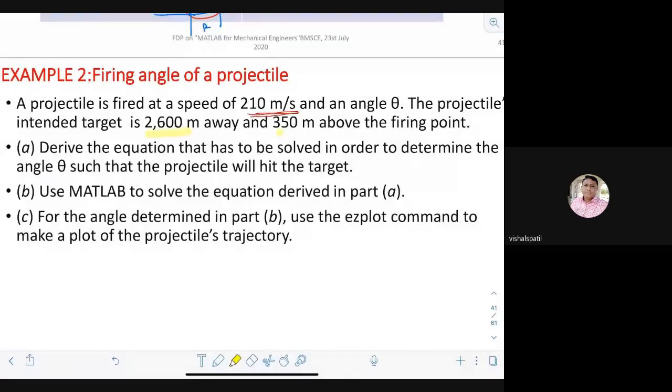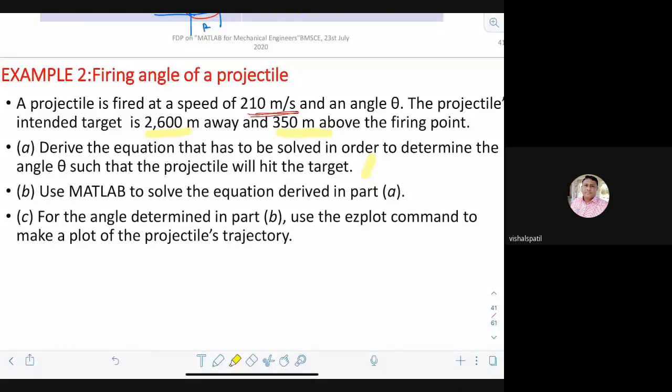If you want to find the path of the projectile and the angle at which it has to be fired with this particular input velocity, first of all, I should derive from the fundamentals of engineering mechanics the equation that has to be solved, because I'm going to use this for the solve command. So derive the equation that has to be solved in order to determine the angle theta such that the projectile will hit the target. Then use MATLAB to solve the equation derived in part A.